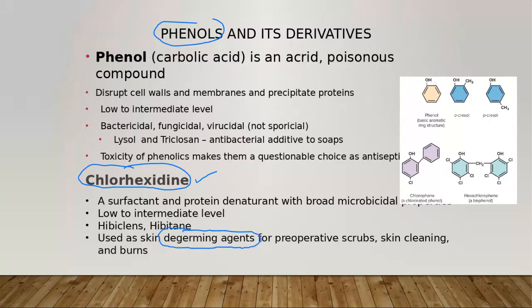Usually chlorhexidine is used a lot by doctors who want to perform surgery. Phenol is also used in many cleaning products like Lysol, for example. So they also use phenol as an active ingredient.